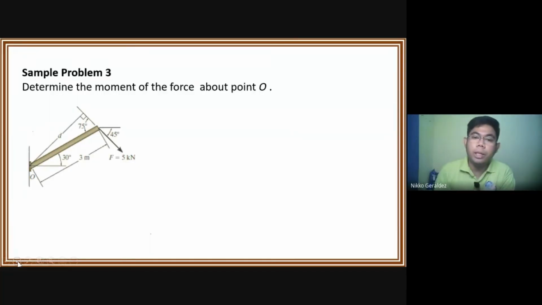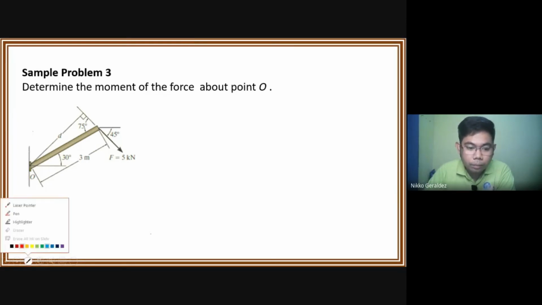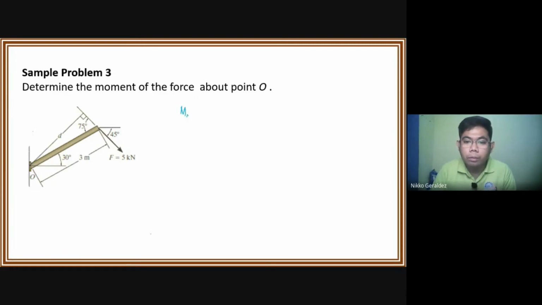Next: determine the moment of the force about point O. Ano daw yung magiging moment, or turning effect ng force F at point O. Formula natin to solve for the moment: moment at point O is equal to force times perpendicular distance.